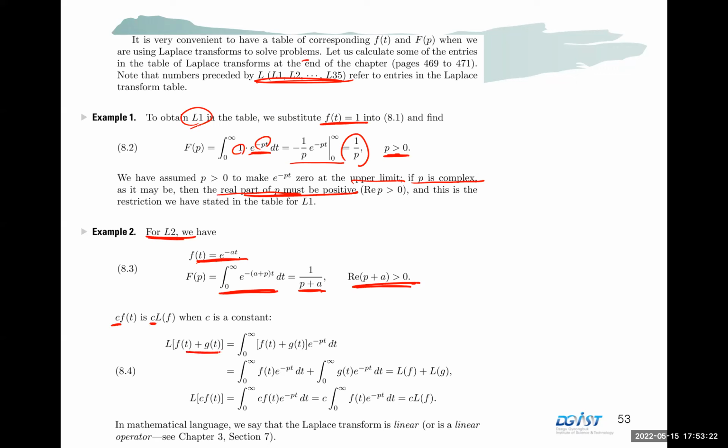And for a sum of two functions, we have a sum of two Laplace transforms. So in this way, we can say the Laplace transform satisfies the linear condition. So L is the linear operator in the Laplace transform.